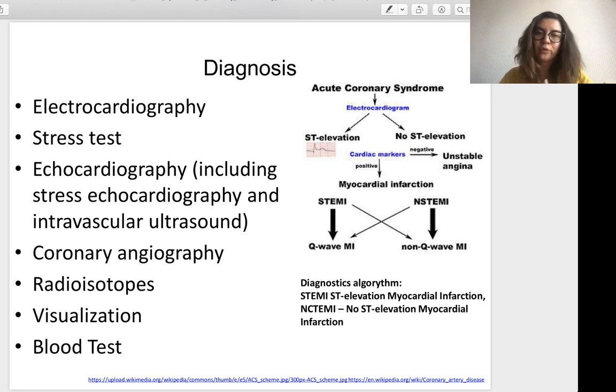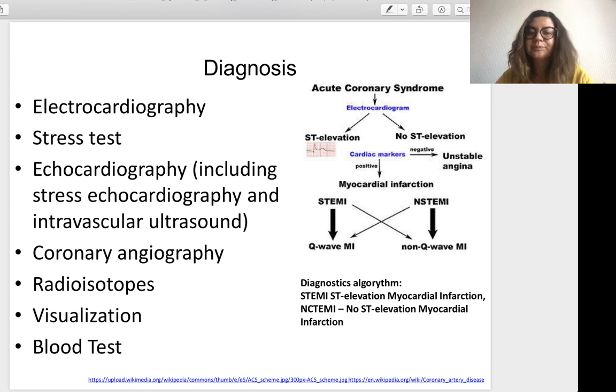I showed you all these methods in the general lecture about cardiovascular investigations. Additionally, there is coronary angiography, which today is the gold standard of diagnosing coronary artery disease. There are also radioisotope scanning, visualization, and blood tests.